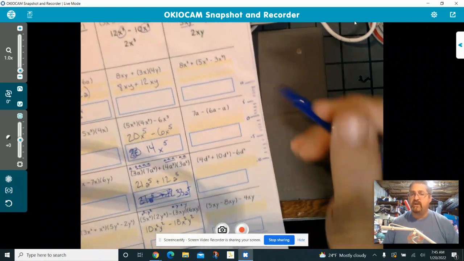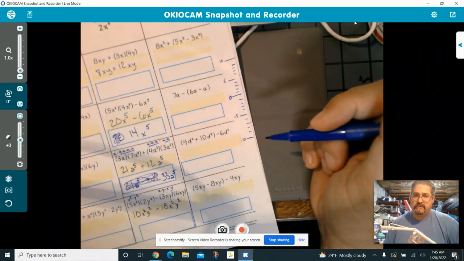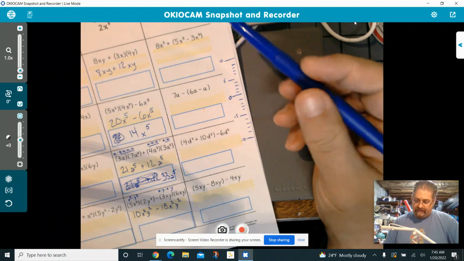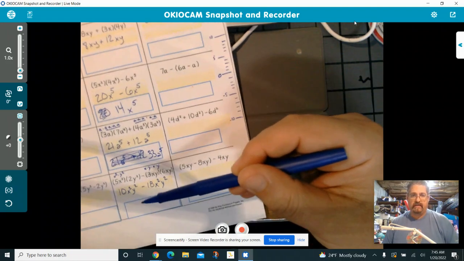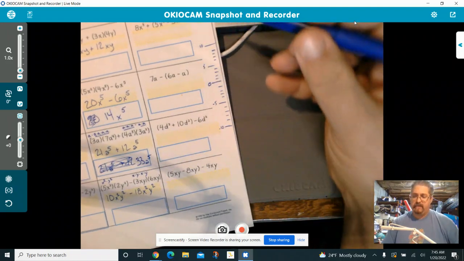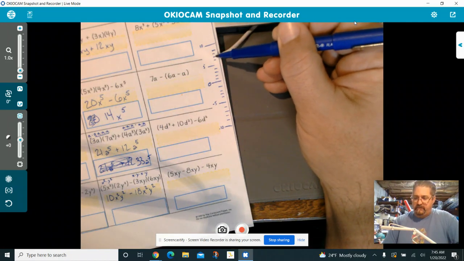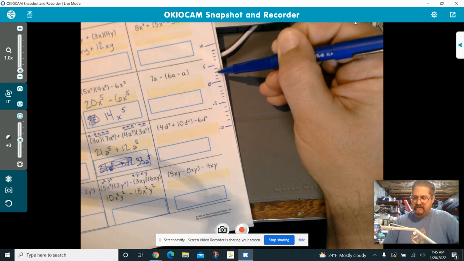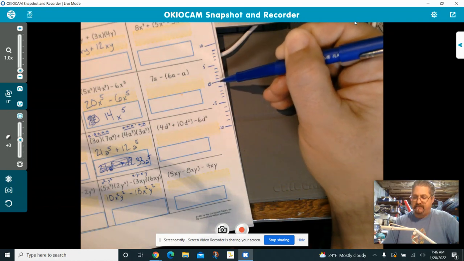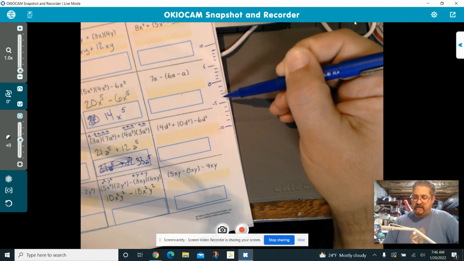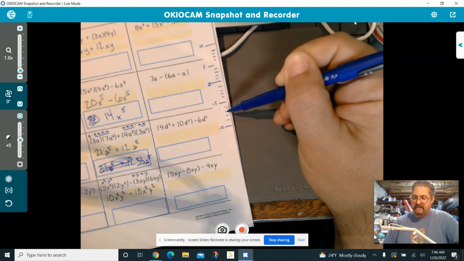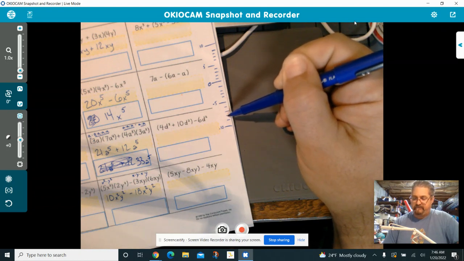If you ever need a number line, you can always draw one on the side of your page. Okay? So we're going to start at 10. We're going to subtract 18. So starting here at 10, I'm going down 1, 2, 3, 4, 5, 6, 7, 8, 9, 10, 11, 12, 13, 14, 15, 16, 17, 18.